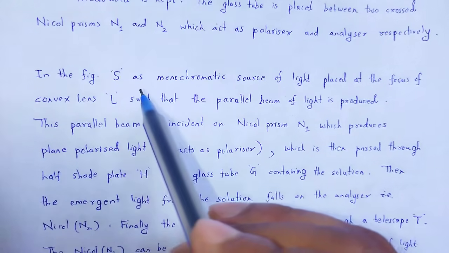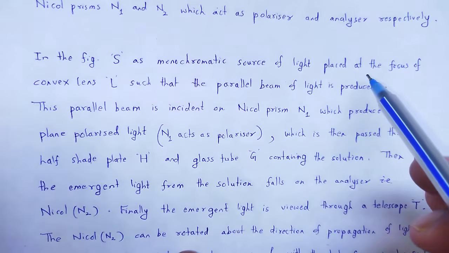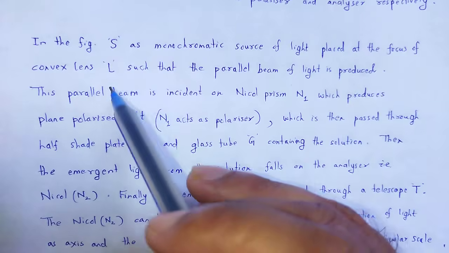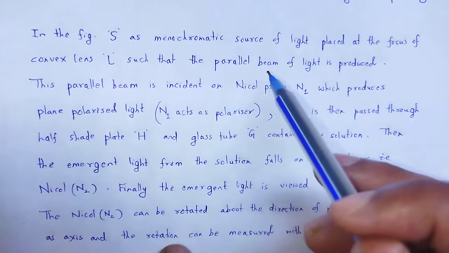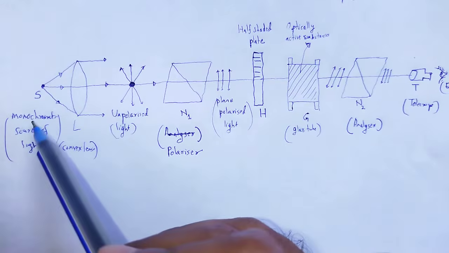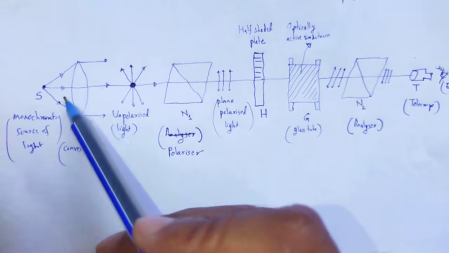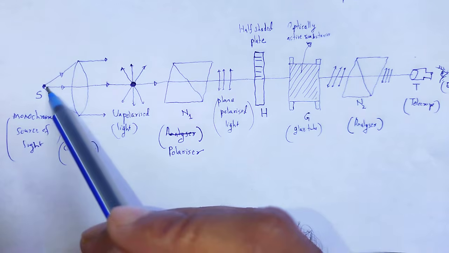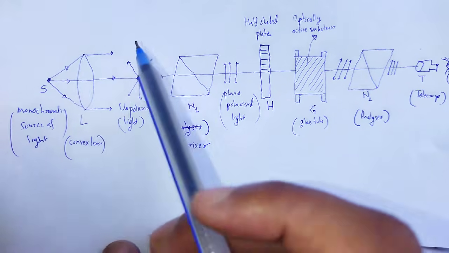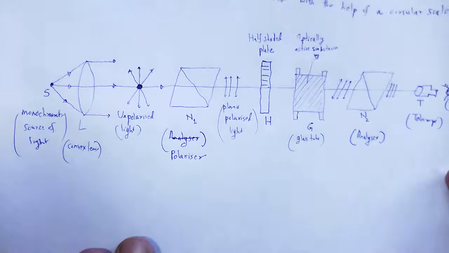In that figure, S is the monochromatic source of light, which is placed at the focus of the convex lens L, such that a parallel beam of light is produced. So the emergent lights are parallel.